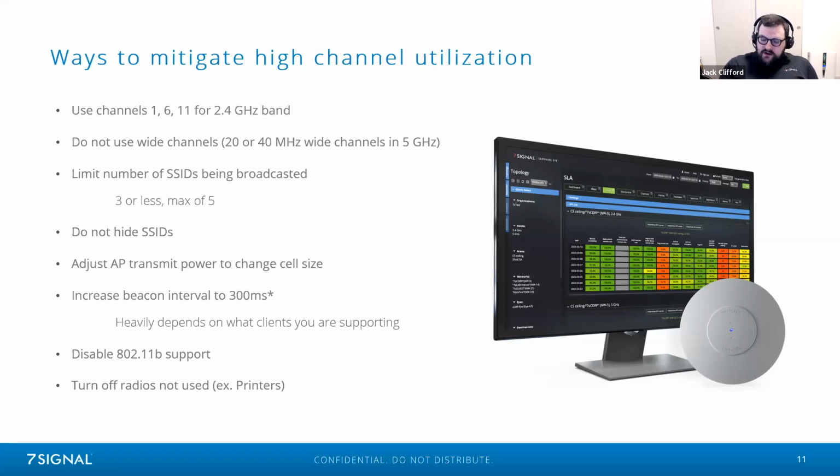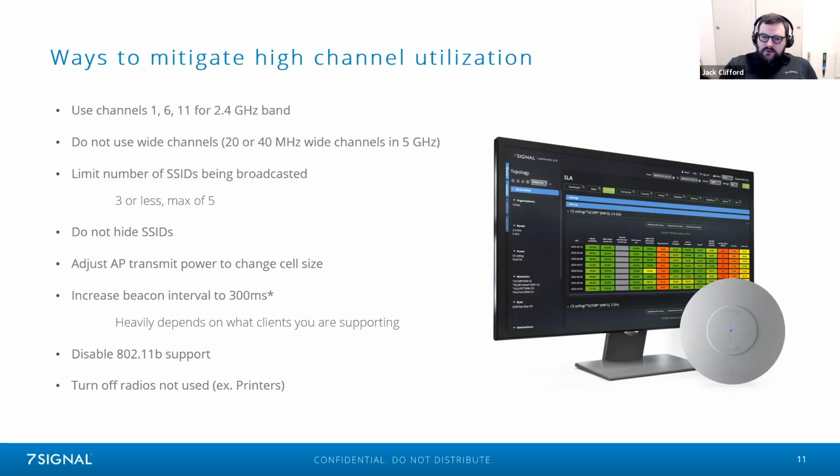You don't want to hide your SSIDs, for the same reason: it increases probe request and probe response traffic as well, so it adds unnecessary overhead to your traffic. As I'm sure many of you know, there's no real security reason to hide an SSID either, because it's sent in plain text within the frame. So if you're capturing that data, you're still going to see the SSID.